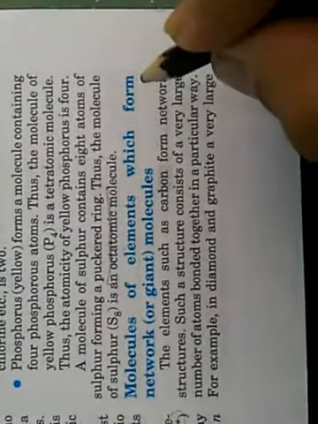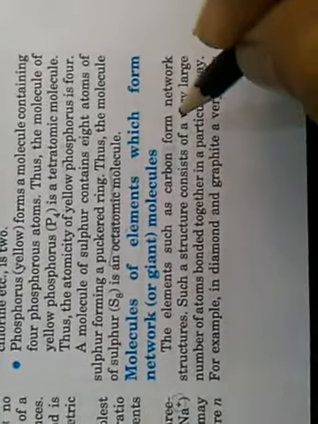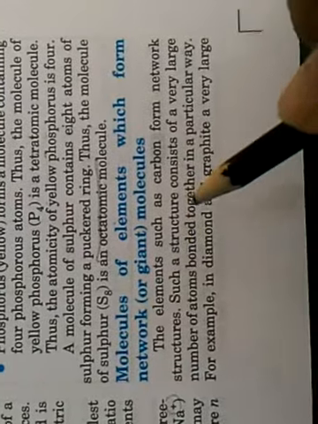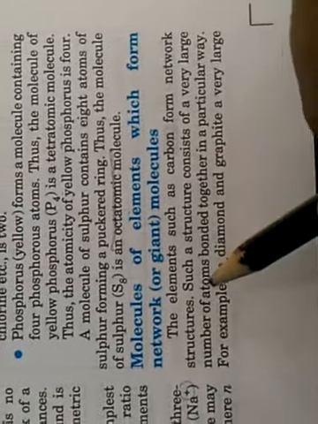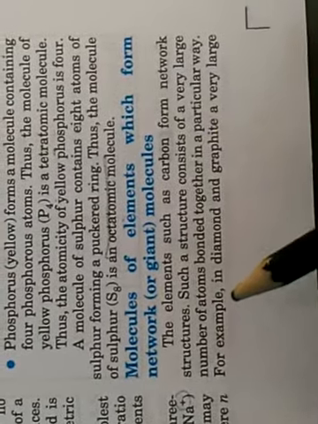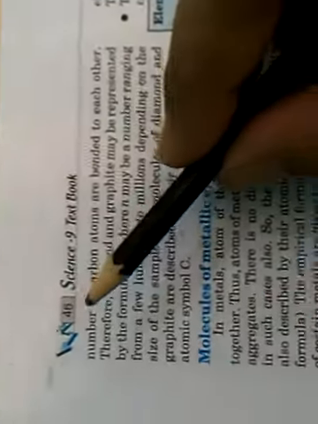Molecules of elements which form network or giant molecules. There are some elements such as carbon. They form a network. Such a structure consists of a very large number of atoms bonded together in a particular way. For example, diamond or graphite have a very large number of atoms in them, so they are represented by their stoichiometric formula only.